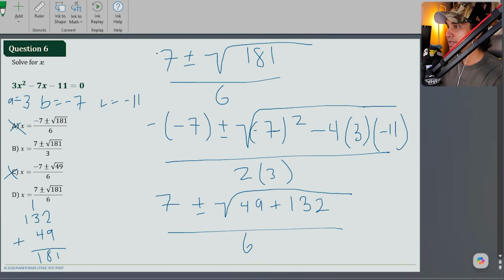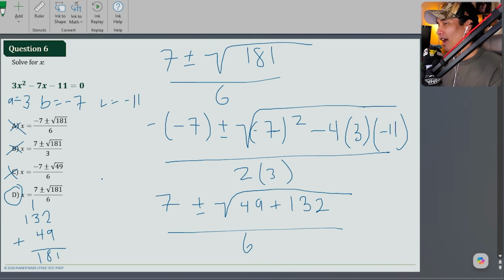Because we have a +7, okay? +7. And then our denominators. If you look at our denominators, we get 2 and then 3, or 2a equaling 2 times 3. Because a equals 3, giving us 6. Now look at our denominators here, 3 and 6. So we didn't even have to use or do this math over here. So that leaves us with D. Okay? That's just the shortcut.